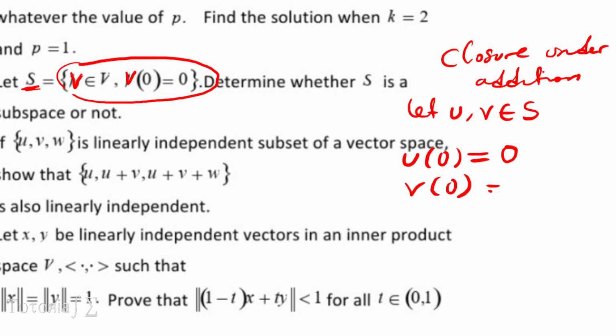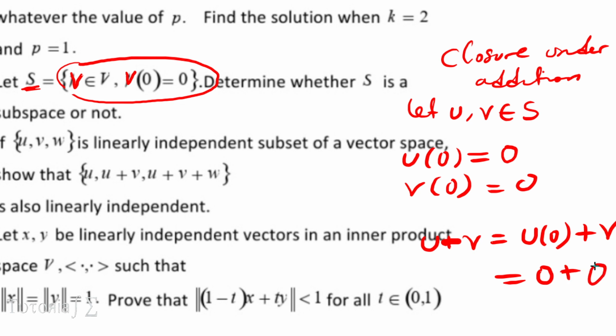So under closure we are just adding. U plus V will just be equal to U of 0 plus V of 0. Okay? And what is U of 0? It is 0. And what is V of 0?